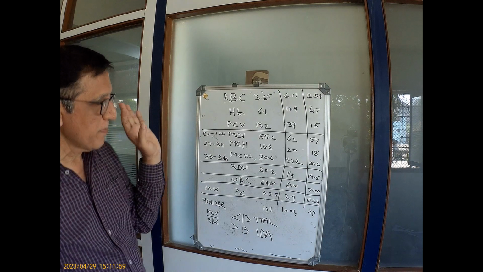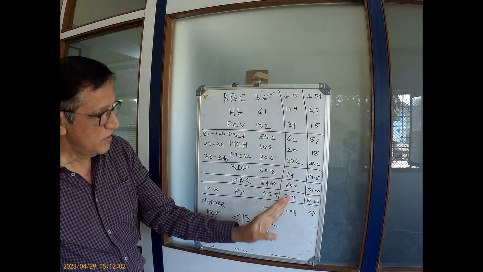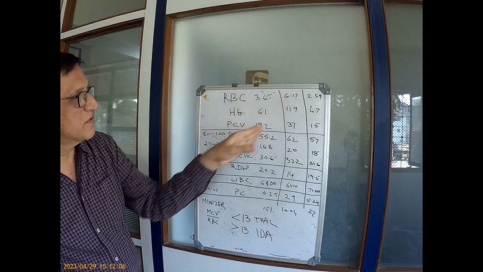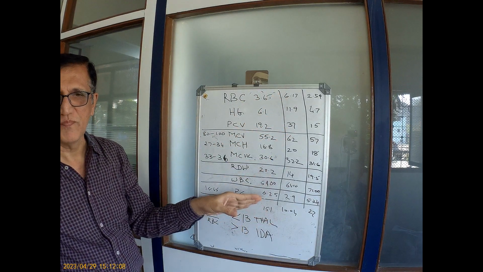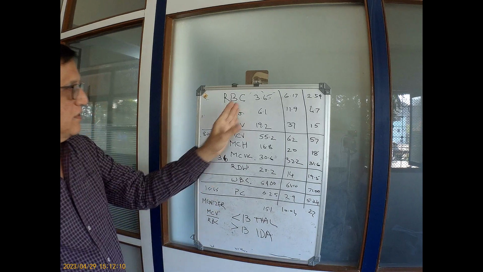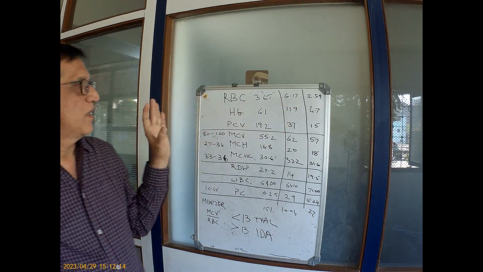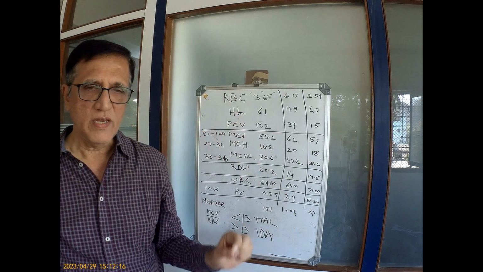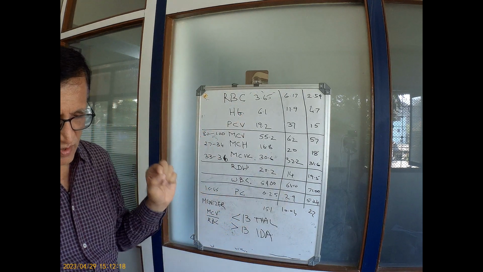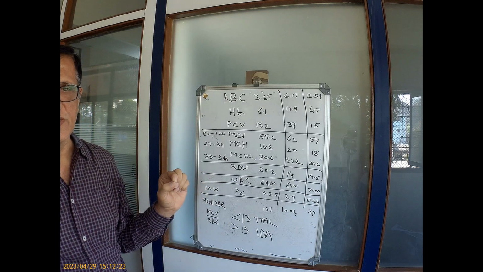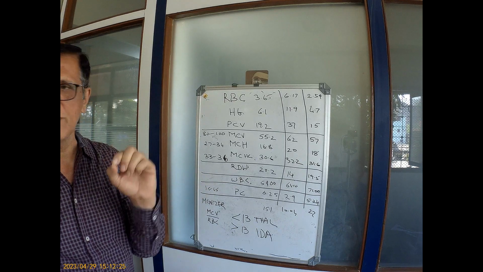Okay. Now, how do you explain these discrepancies? Now the logic behind these figures is that basically in hemoglobin formation in the RBC, it is the globin chain which is being affected.